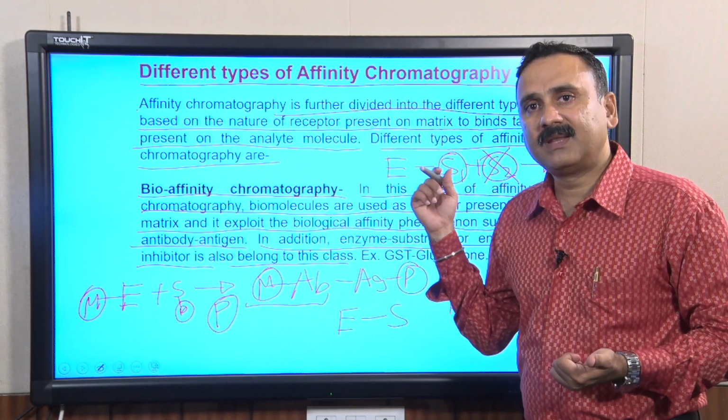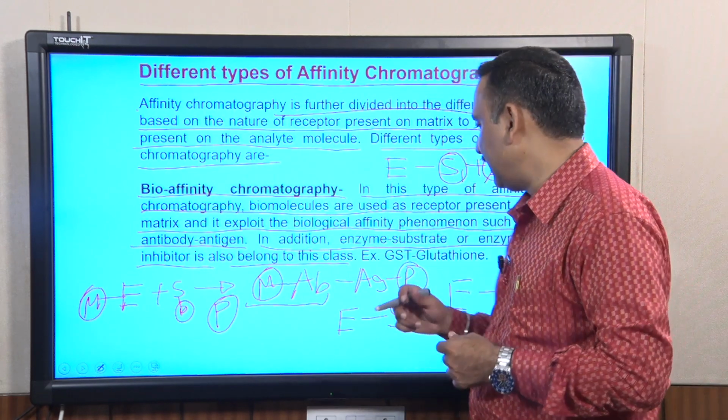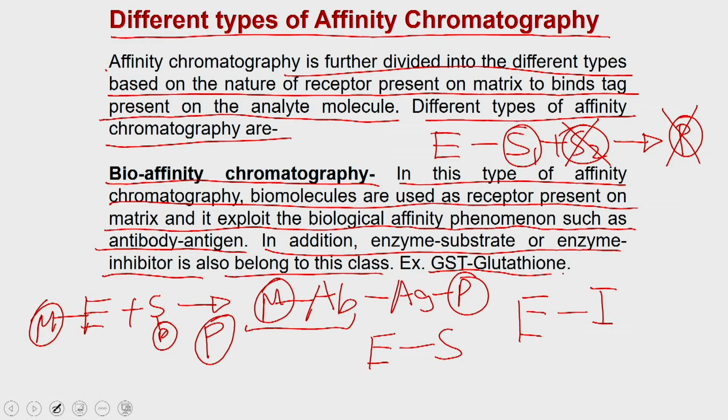In the case of enzyme substrate bioaffinity chromatography, the classical example is GST glutathione. GST is an enzyme called glutathione S transferase, and glutathione is the ligand which is going to bind, but GST requires additional substrates. What is the function of GST?